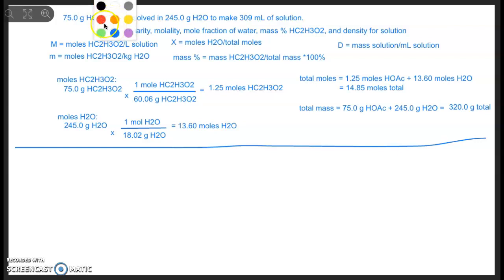So for molarity, we have our moles of acetic acid, 1.25 moles, divided by liters of solution. 309 milliliters is 0.309 liters of solution.